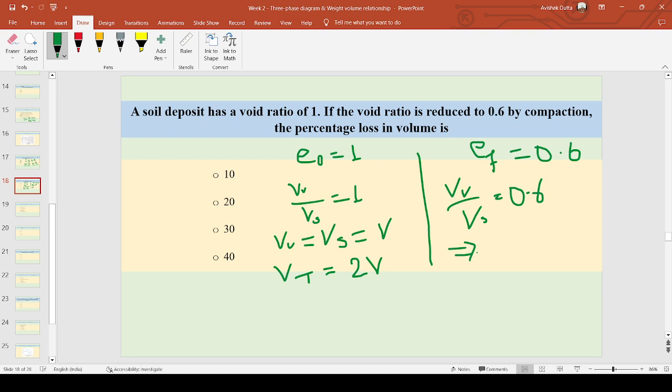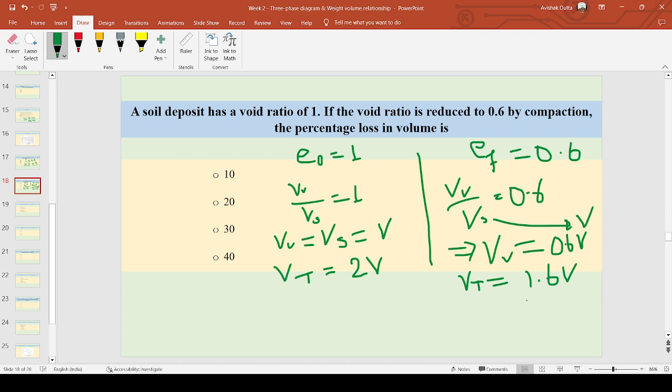If we say that the volume of soil solid is V, if we replace Vs by V, then volume of voids is equal to 0.6 V, isn't it? 0.6 V. Then total volume is how much? Volume of solids, that is V plus 0.6 V, that means 1.6 V. Clear? Please explain the last part.